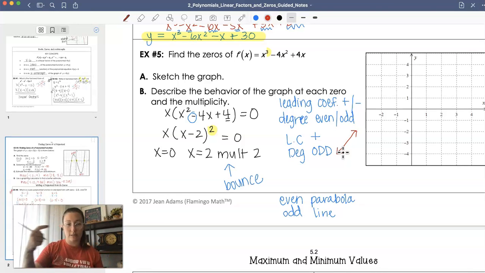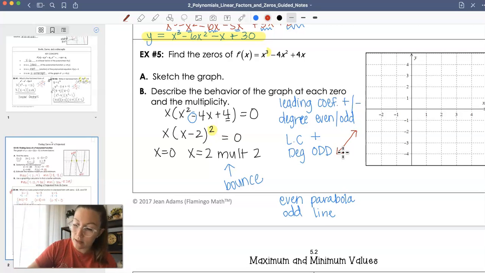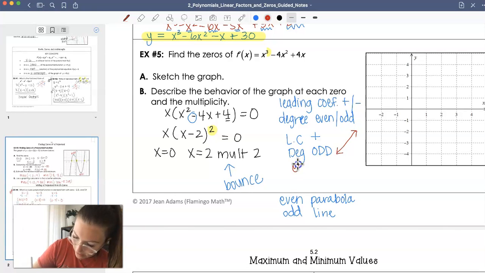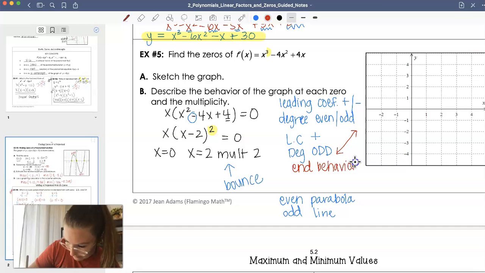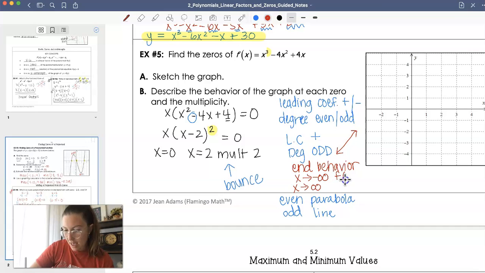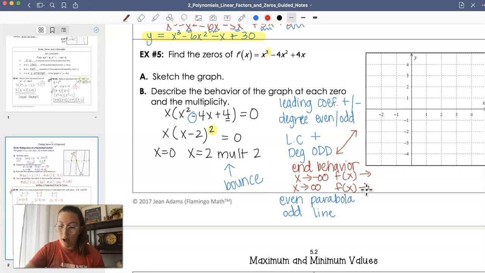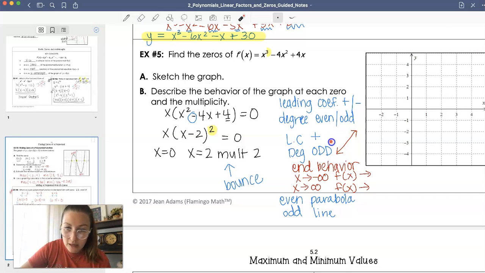Going towards negative infinity, it's going down. Going towards positive infinity, it's going up. So our end behavior would go: as x goes towards negative infinity, as x goes towards positive infinity, remember those always stay the same, f of x, or in other words y, will go down towards negative infinity as x goes towards negative infinity.